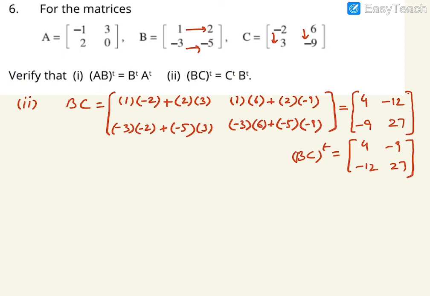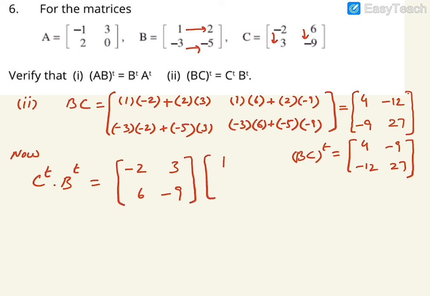Now we need to find C transpose and B transpose. C transpose multiplied with B transpose. What is C transpose? Minus 2 and 6, 3 and minus 9. And what is B transpose? B transpose is 1, 2, minus 3 and minus 5. Now just multiply this row with this column.